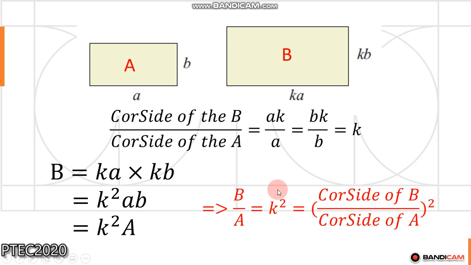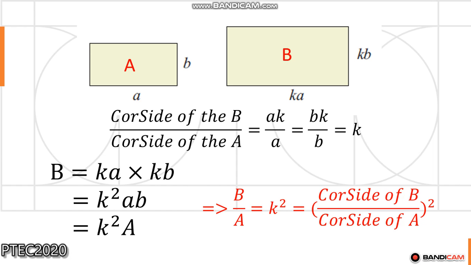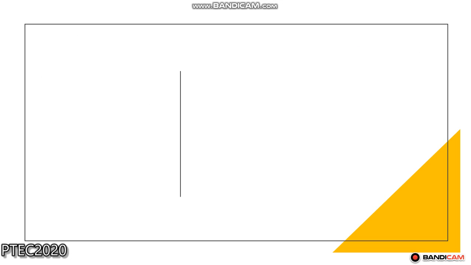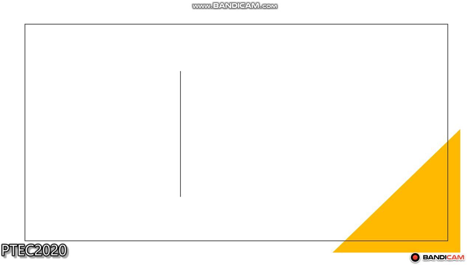Yeah, that is very important, and this is the key concept, as I mark in the red color here. So in conclusion, when two figures are similar, the ratio of the areas of the two figures is equal to the square of the ratio of the corresponding sides.